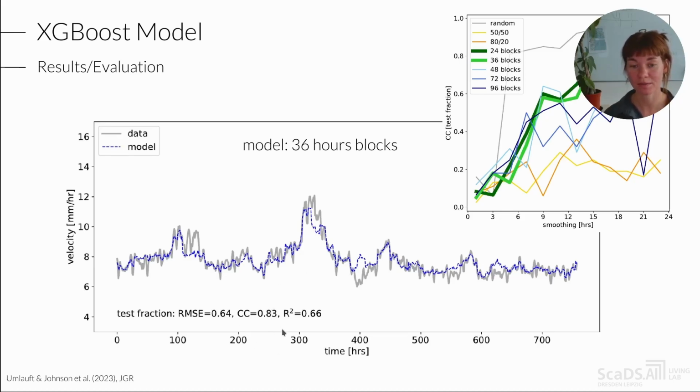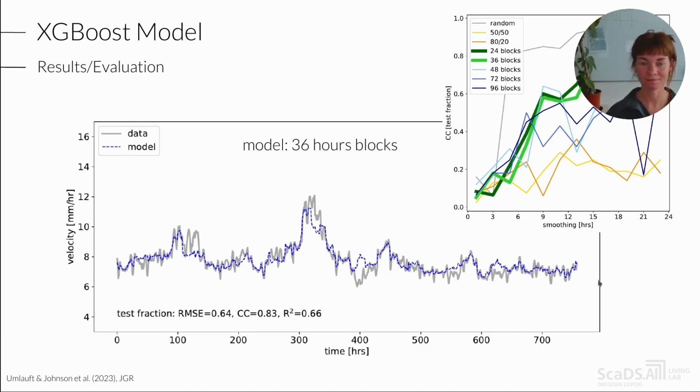Okay, so finally, we end up using this 36-hour block model, which is quite convenient because we have a performance of RMSE 0.64 and a correlation coefficient of 83%. You can see that the model is able to capture the overall trend, of course, so the long-term variations nicely, but also these short-term fluctuations, which was really surprising to us.